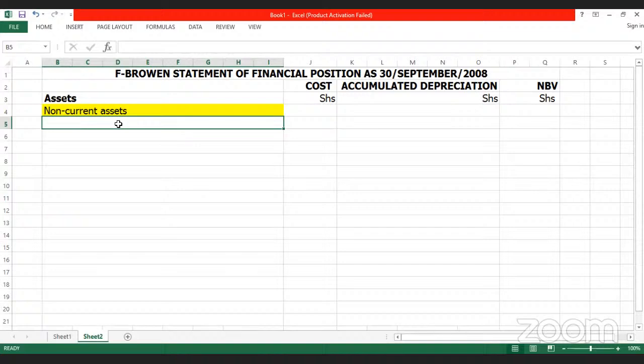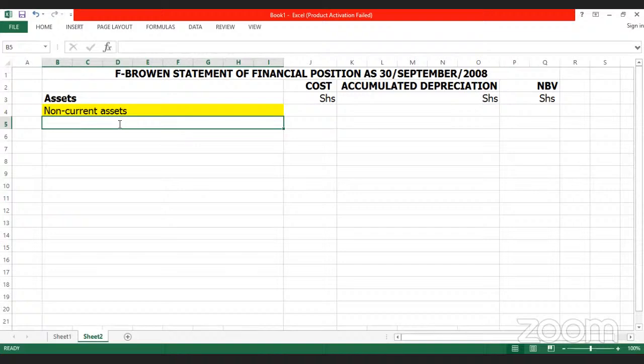Members, check those non-current assets very fast. We put them. We have 30 minutes to go. What do we have under non-current assets? We have the van.